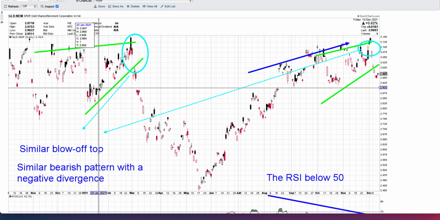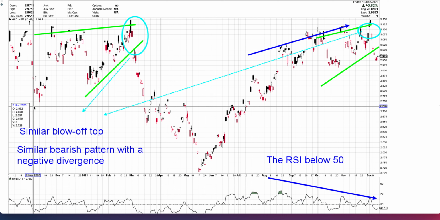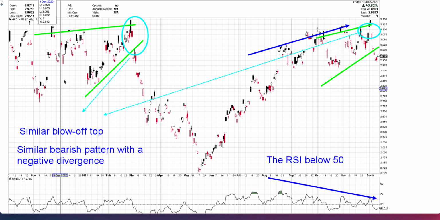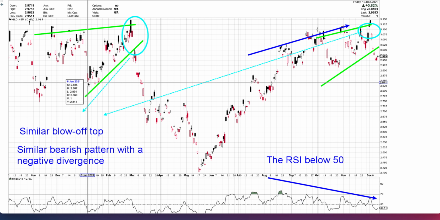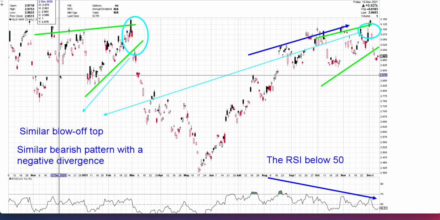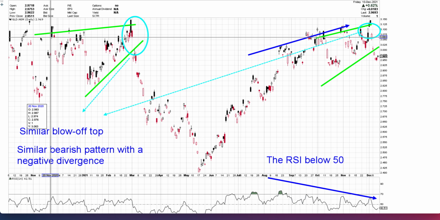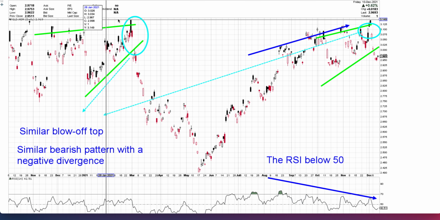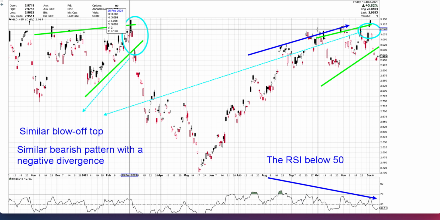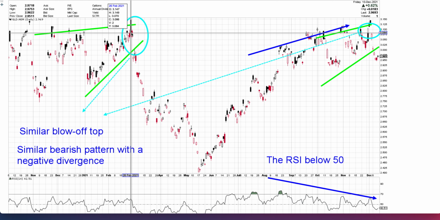It's going to be an absolute do-or-die thing to check before I jump into gold miners: the Newmont gold ratio. So in the past, say March 2021, when we had a beautiful rally in Newmont and also gold miners, we formed in the ratio a bearish wedge with a blow off top and also negative divergence with the RSI.